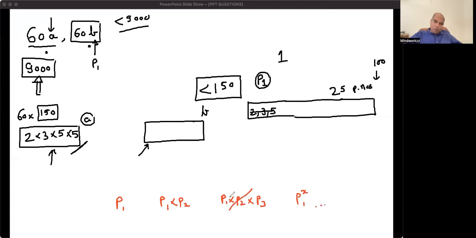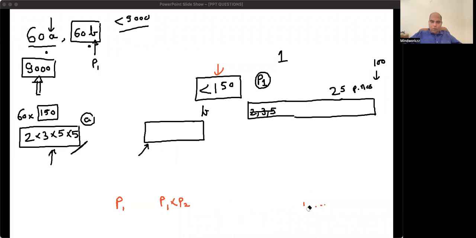And I can rule this out because given the fact that I cannot use 2, 3, or 5, the minimum triple prime number multiple is 7 into 11 into 13. And since there's a constraint in the question that B value has to be below 150, we cannot use a triple prime number structure.